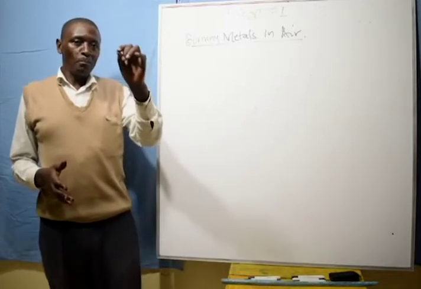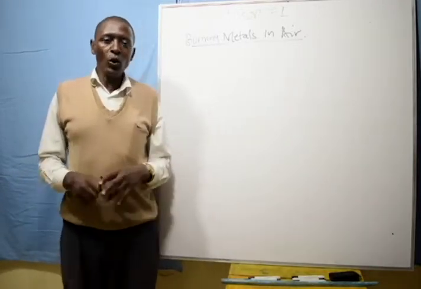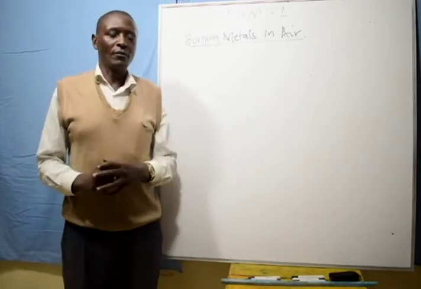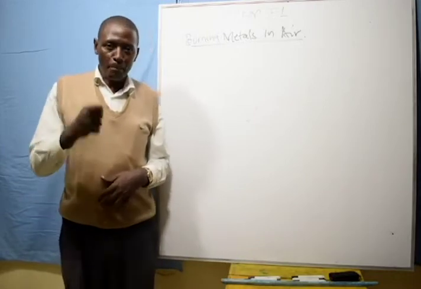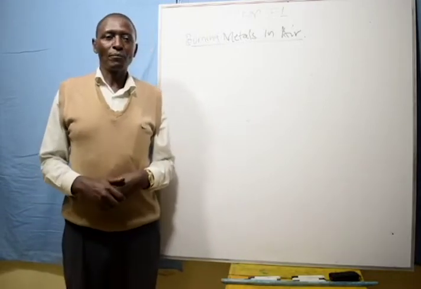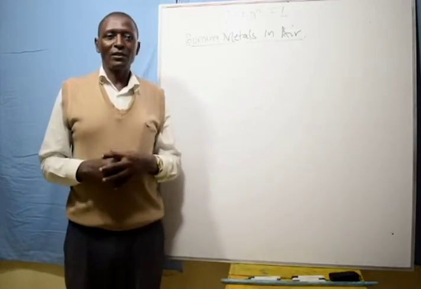Take a small piece of sodium metal, a very small piece, holding it with the tongs, and then heat it on a Bunsen burner flame. Make your observations and your conclusions.